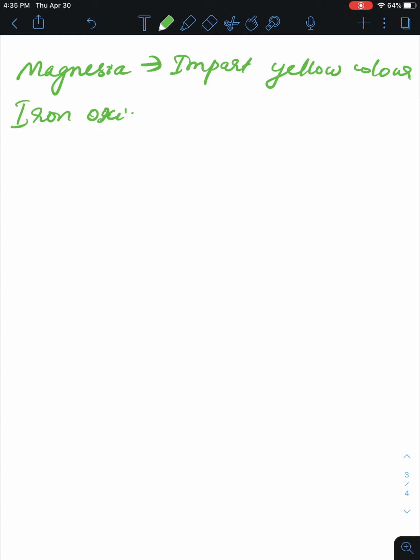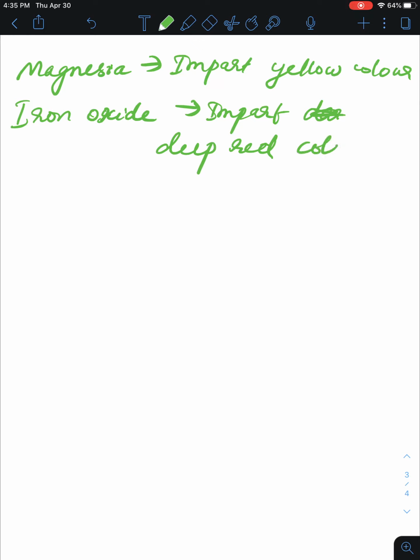Iron oxide, as we have already understood, gives a red color to brick. It imparts a dark red, which we name deep red color, to brick. If iron oxide is present in sufficient quantity, the brick will behave like an iron man.